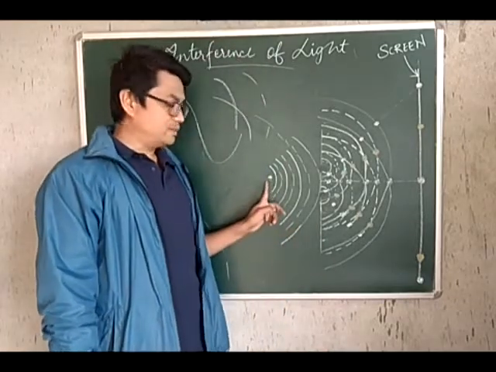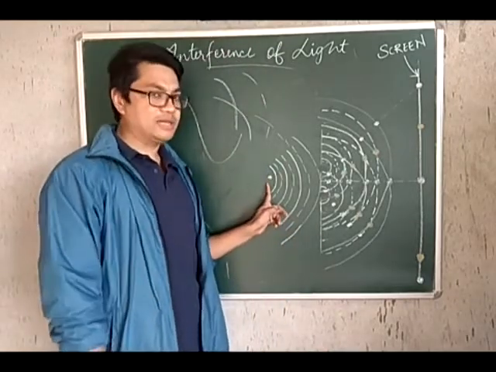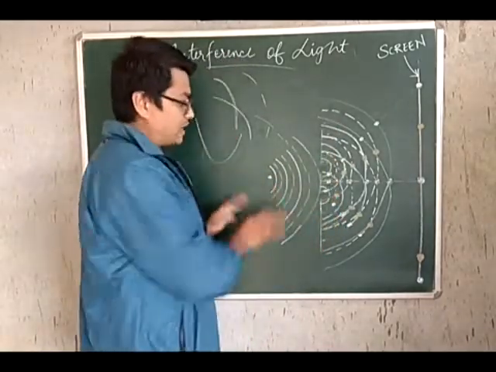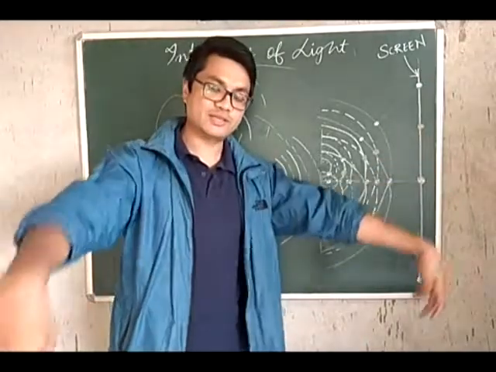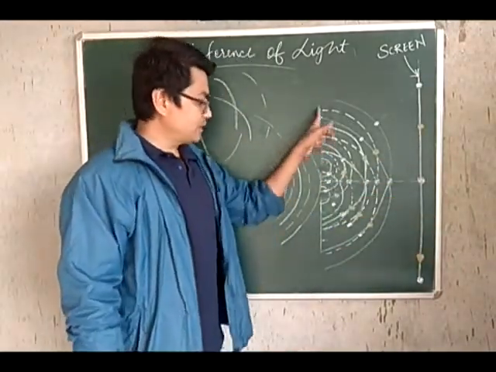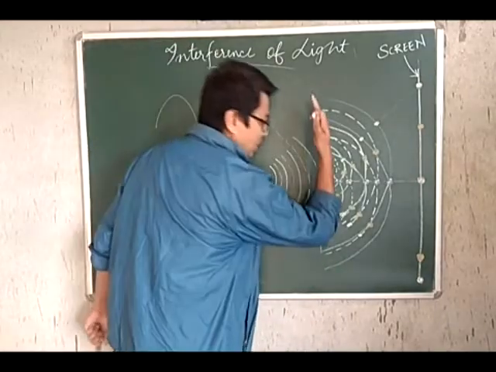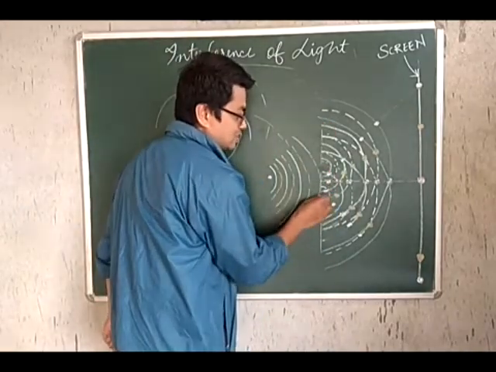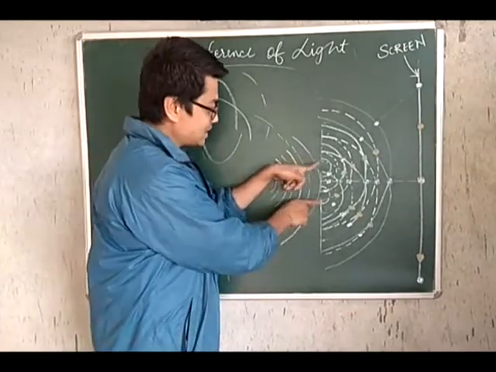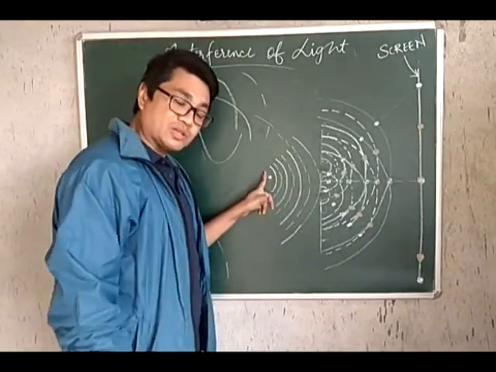If this is considered to be a source of light, and this source is giving out waves, since we are considering light to be a wave here, this wave is blocked by a cardboard where we place two small holes, two slits. These two slits are equidistant from our main primary source.